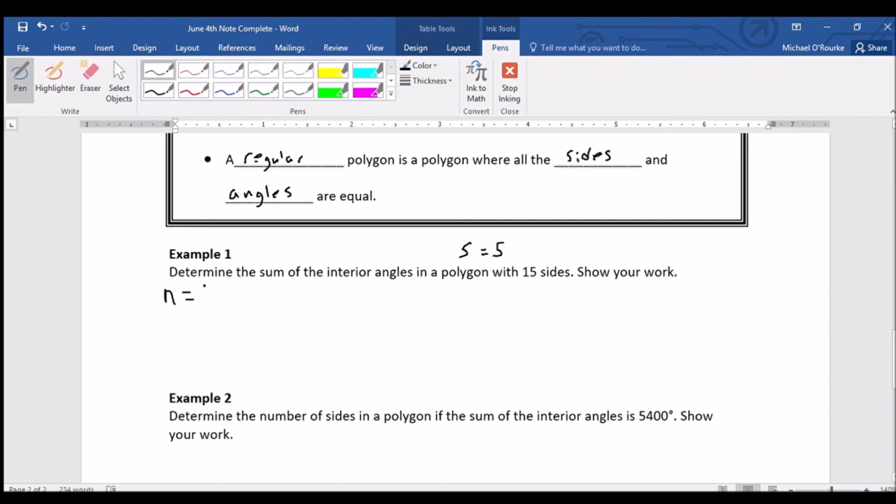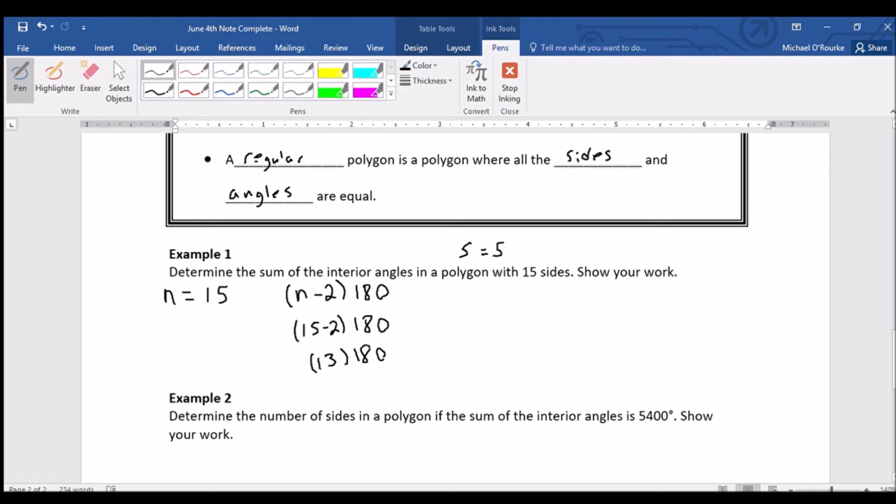So how many sides do I have? I have 15 sides. So let's use my formula, or your formula, if you got it. n minus 2 times 180, perfect. So 15 minus 2. This will give us how many triangles we have in our shape. So you would have 13 triangles in that shape.